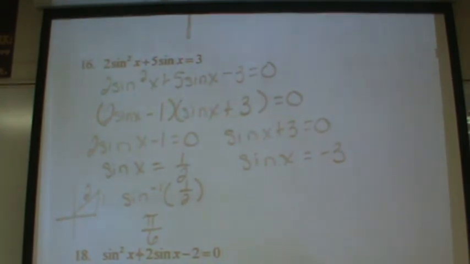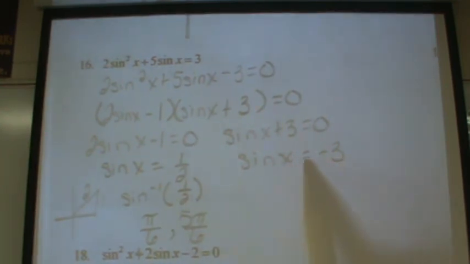So we need our pi over 6 angle in the second quadrant, which is 5 pi over 6. So those are your two answers for the inverse sine of 1/2. And then looking at sine x of negative 3, if we take the inverse sine, this is outside of our domain. So again, we have no solution for that part. So we're only going to have these two angles.